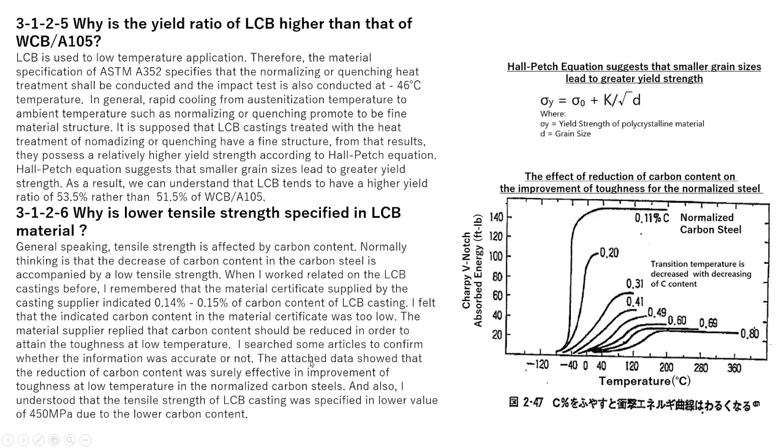So the attached data showed that the reduction of carbon content was surely effective in improving toughness at low temperature in normalized carbon steels. And also, I understood that the tensile strength of LCB casting was specified at the lower value of 450 megapascal due to the lower carbon content.